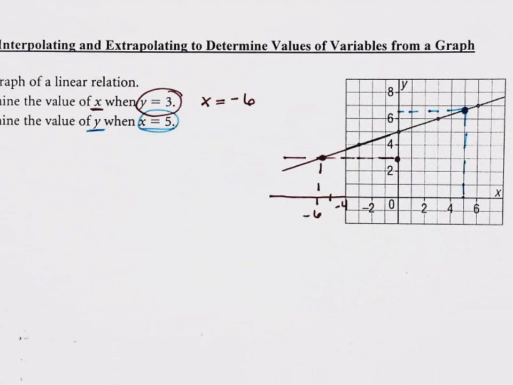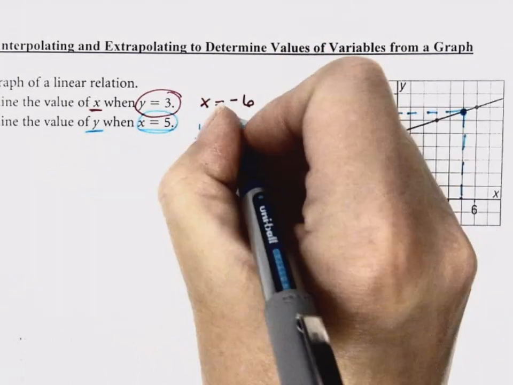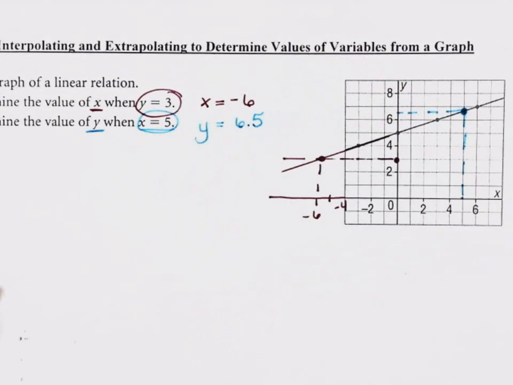So what do you think y is when x is 5? 6 point who? I like it. Yep, that sounds great. Y is equal to 6.5, and that's positive.